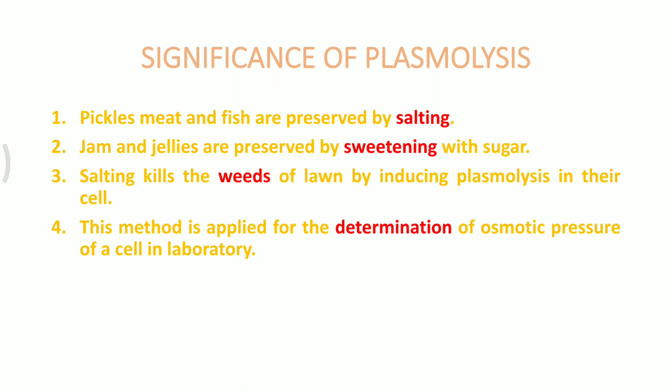There is no water in the jam and jellies or in the pickles, and that's why we can store them for a longer duration of time without any bacterial attack, because there is complete loss of water, and even if there is some water, it is replaced, in the plant cell, by the crystalline form of sugar or salt.